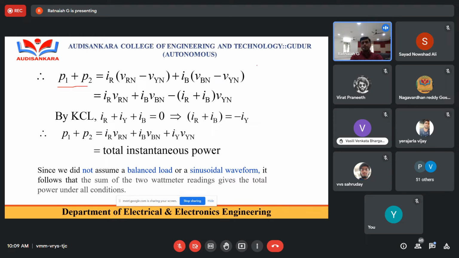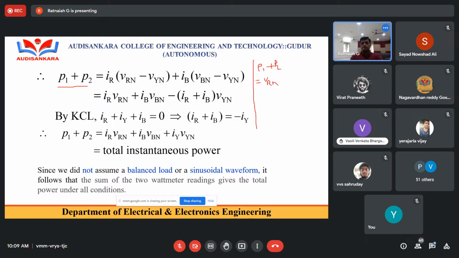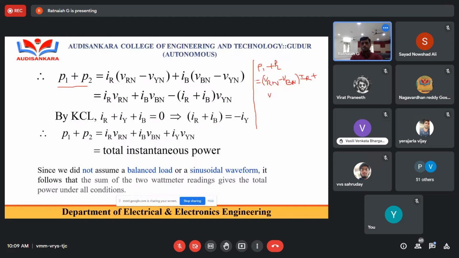P1 plus P2 is equal to VRN minus VBN into IR, plus, for the second wattmeter reading, VYN minus VBN into IY.